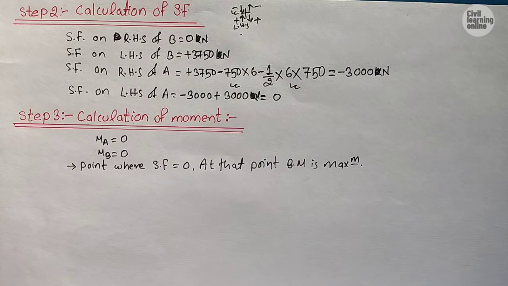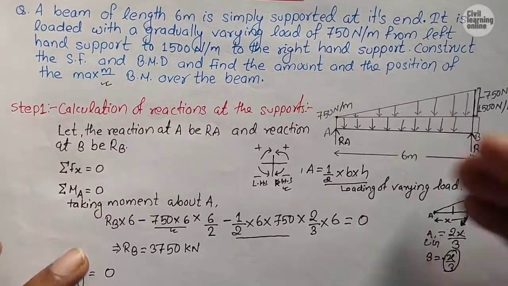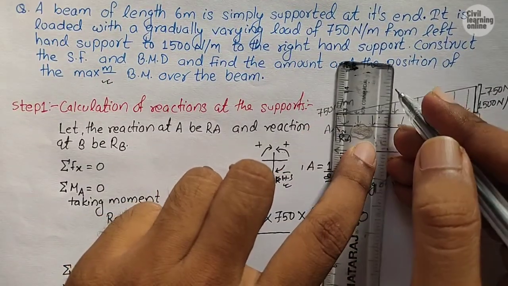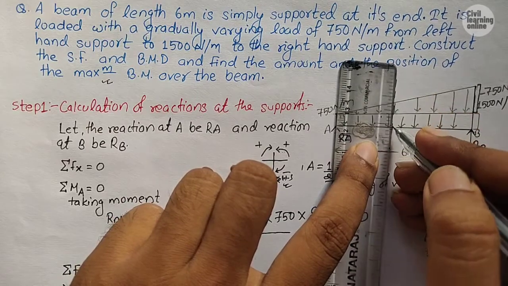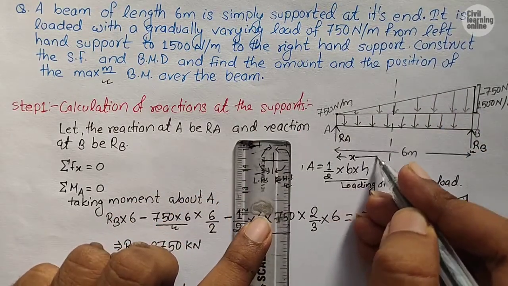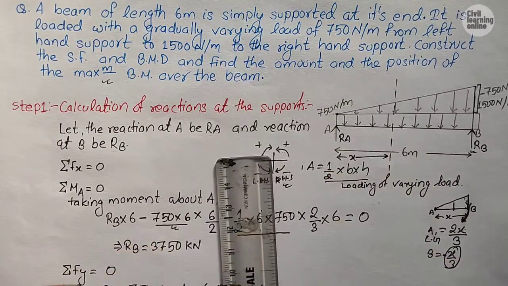I repeat, bending moment is maximum at the point where the shear force is 0. So guys, let us suppose at distance x from A the shear force is 0. I have considered that the shear force is 0 at distance x from the support A.